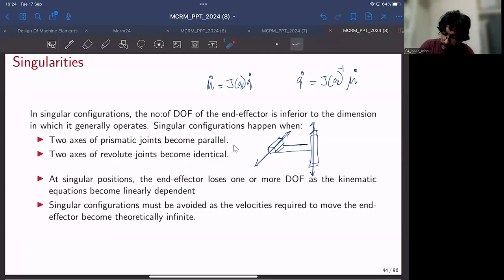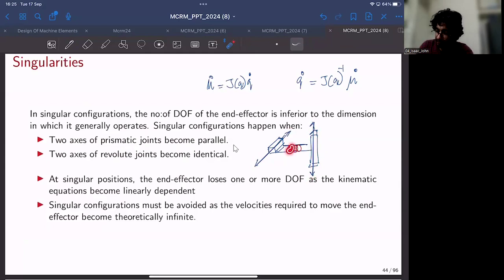And in between there could be multiple revolute joints like this. Normally, this one can control a freedom along this axis, out of plane, and this prismatic joint can control a degree of freedom up and down, along this plane.